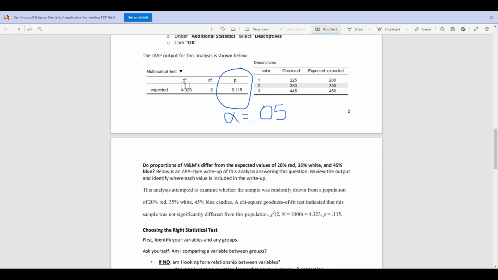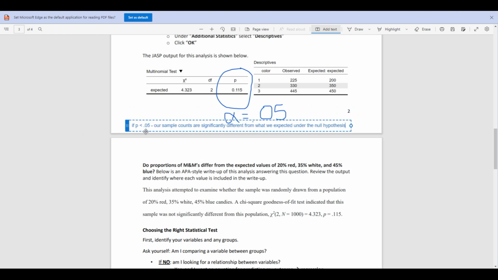So with chi-squared, if we get a p-value of less than 0.05, then this indicates that our sample counts are significantly different from what we expected, basically under the null hypothesis.